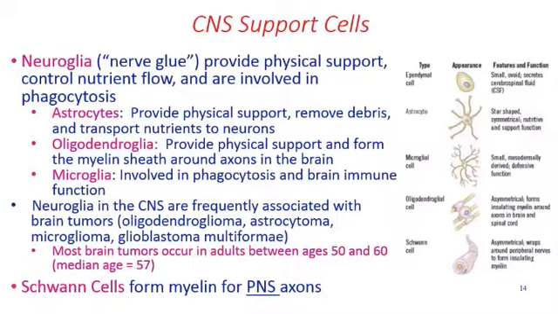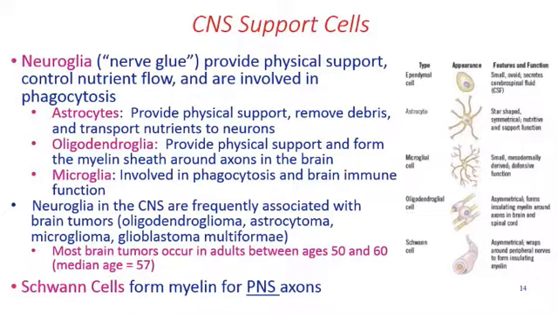We also have microgliomas, and perhaps the most severe of all of them, Glioblastoma Multiforme, which is again arising from the glial cells. I think John McCain, the senator from Arizona who passed away last year, had Glioblastoma Multiforme. Most brain tumors occur in adults between the ages of 50 and 60, with a median age of 57. It's delightful for me because I turned 57 this year, so hopefully I'm over the hump.